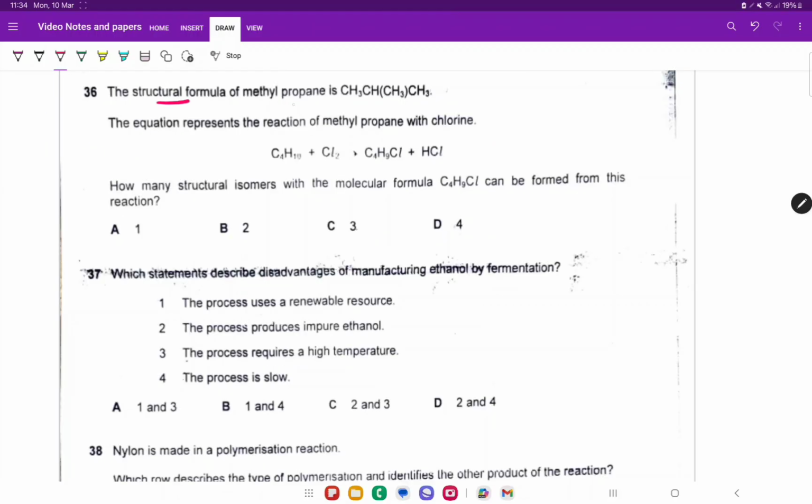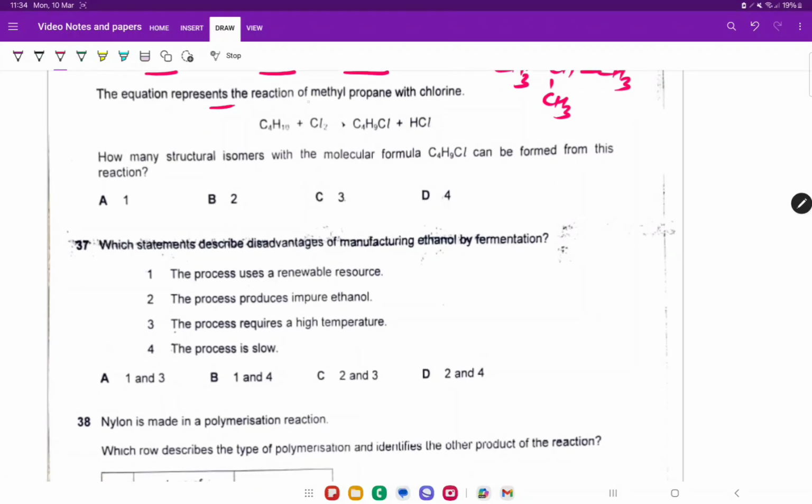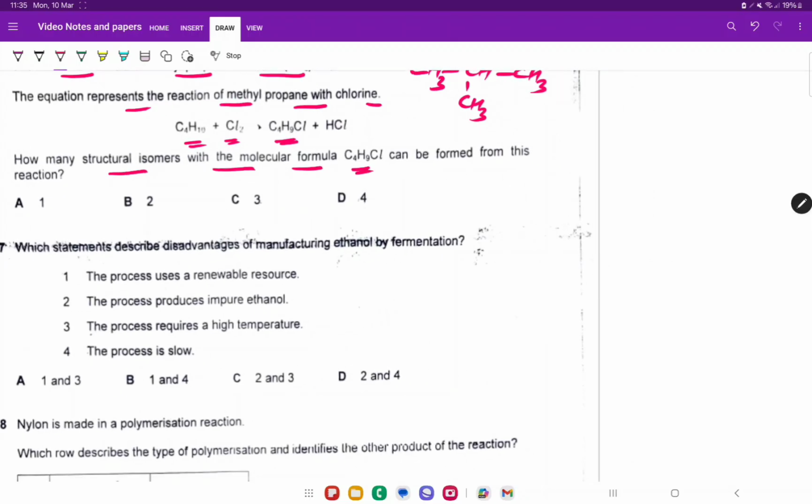Question 36. The structural formula of methylpropene is CH3CH. It is methylpropene, CH3CH, CH3CH3. This is 2-methylpropane. The equation represents the reaction of methylpropane with chlorine, and when I am reacting this methylpropane with chlorine, substitution is taking place, hydrogen is removed and chlorine is attached. How many structural isomers of this molecular formula C4H9Cl are possible? The chlorine can get attached to the first carbon or to this carbon.